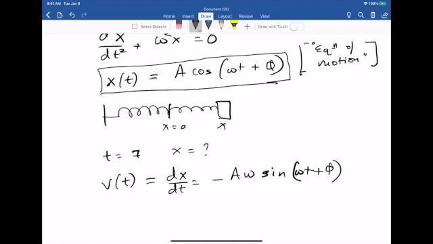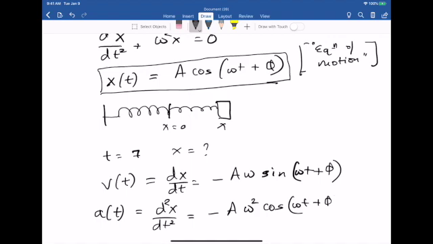And you can take one more derivative to get the acceleration. If you differentiate this one more time, you would get minus a, another factor of omega will be pulled out. So minus omega squared a cosine(omega t plus phi), right? Now let's look at this expression, minus omega squared a cosine(omega t plus phi). Maybe I can just write it in a slightly more suggestive way.